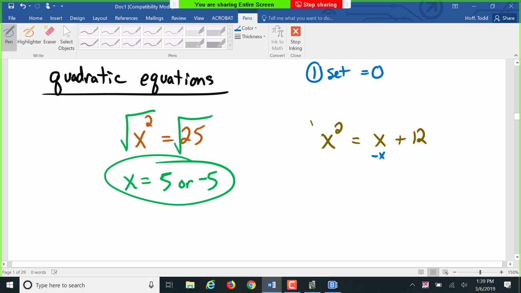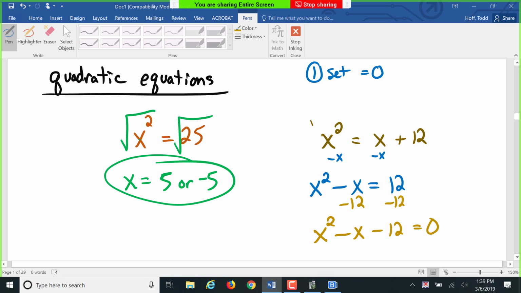It's positive x, so I'm going to subtract x. So I've got x squared minus x equals 12. I'm going to do the same thing to the 12. It's a positive 12. I'm going to subtract 12. So this is x squared minus x minus 12 equals 0.